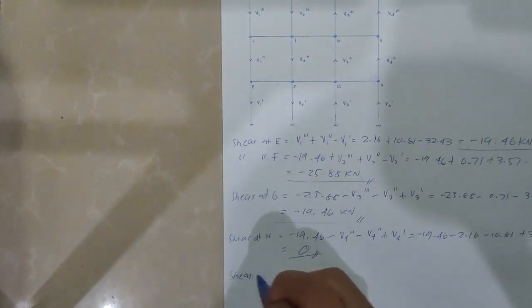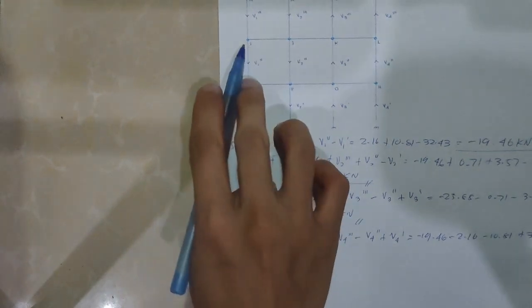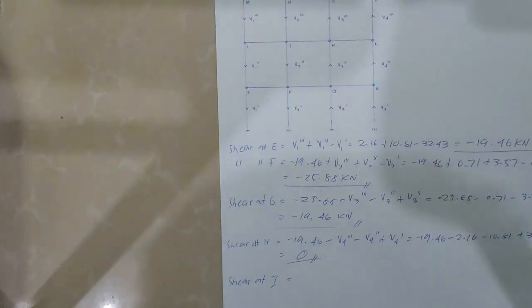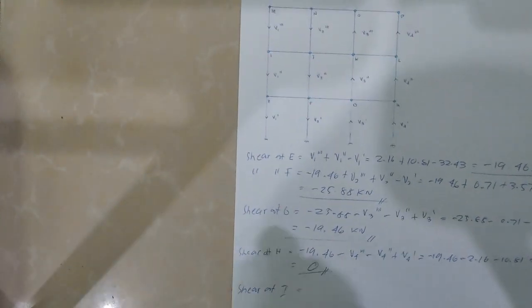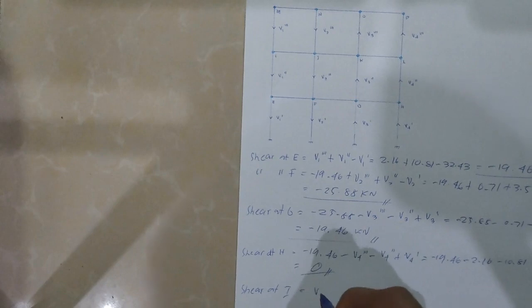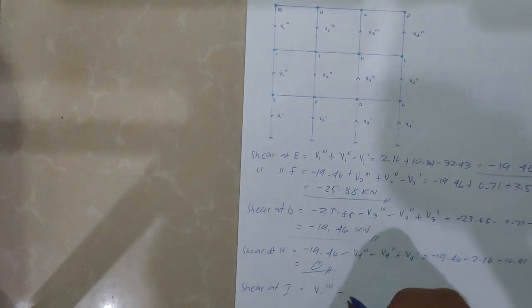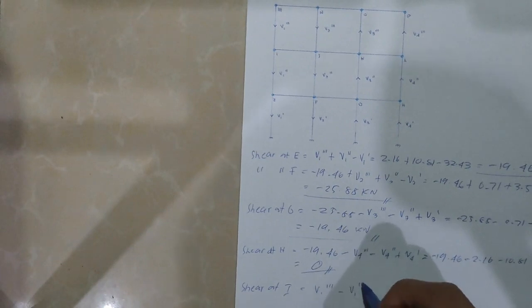Then next, I, J, K, L, from the second floor. Here at I, it is V1 of the third floor minus V1 of the second floor.